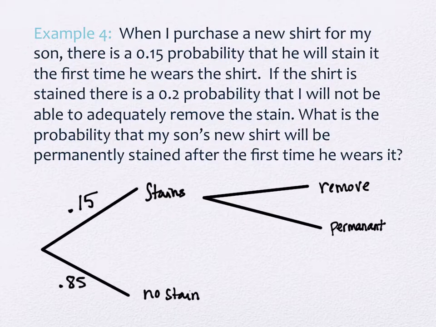The descriptors that you use should be adequate, but they don't have to be exactly the same as mine. They need to mean something similar. All right, so what's the likelihood that if I scrub the stain I am able to adequately remove it? 0.2 is actually that it's permanently stained, and then 0.8 would be that I'm able to adequately remove it.